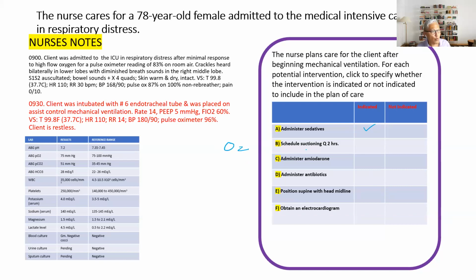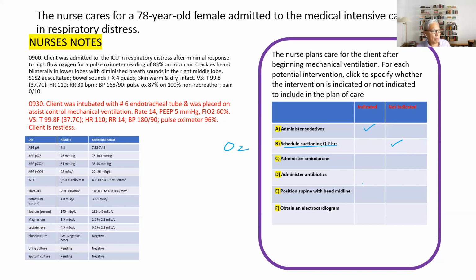All right. So we never schedule suctioning every 2 hours. It has to be PRN only. Okay, remember that. We never, ever schedule suctioning on patients. It always has to be PRN.